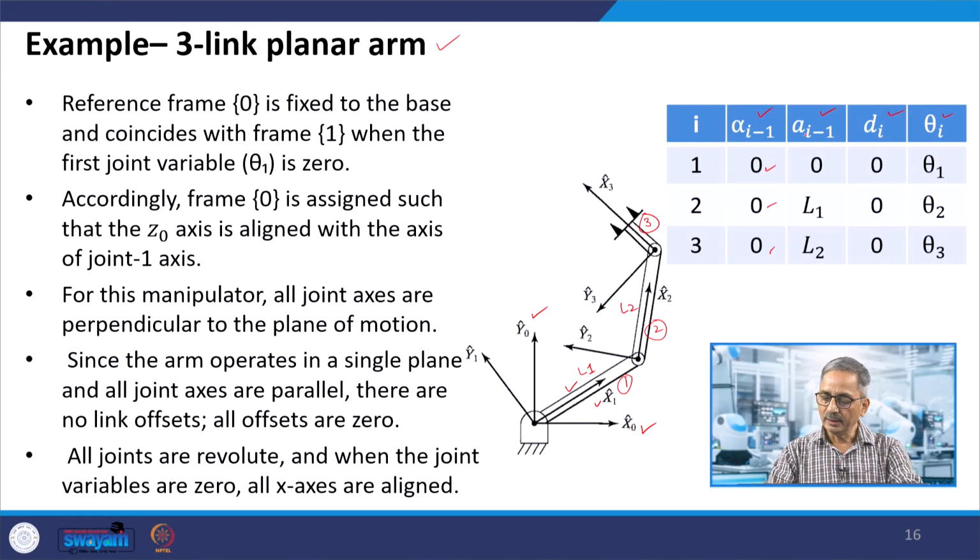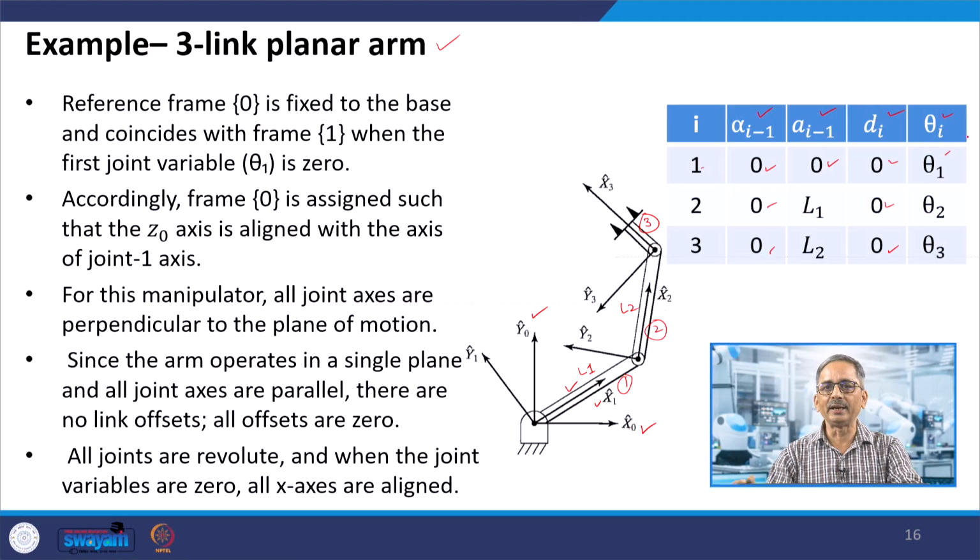For i equal to 1, a i minus 1 becomes a0, which is the distance between z0 and z1. Since both origins are the same, this value is 0. It is a planar problem, so there are no offsets, and all di's are going to be 0.